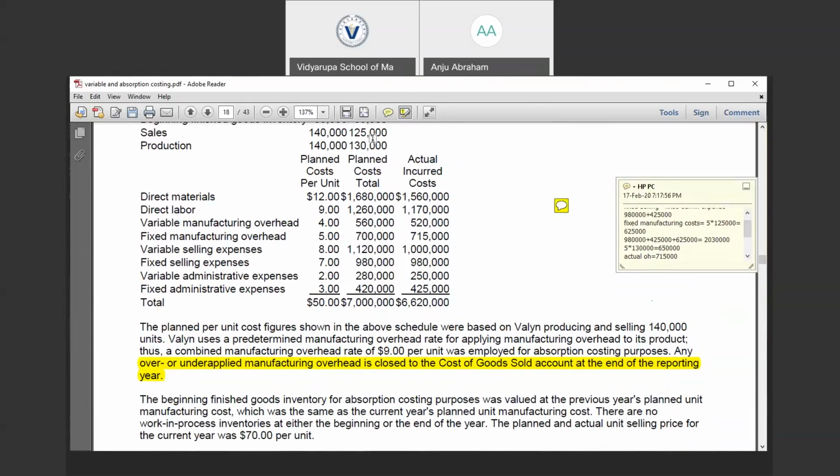So 5 into 130,000 is the fixed manufacturing overhead that is to be applied to production. Yes, but 125,000 into 5 will only be expensed in this particular period because 125,000 will only be sold in this period. The remaining 5,000 of this cost will remain as the ending inventory cost.